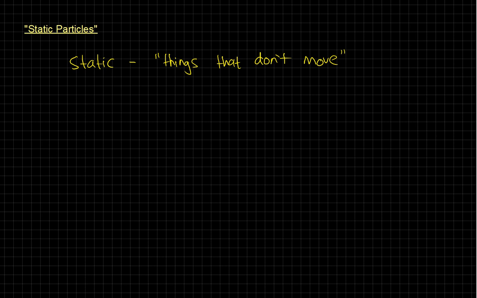A static scenario is one in which things aren't moving. And then particle, also a technical term, where we're modeling objects as points. So as in single dots, so it doesn't have any expression of its physical shape or size.